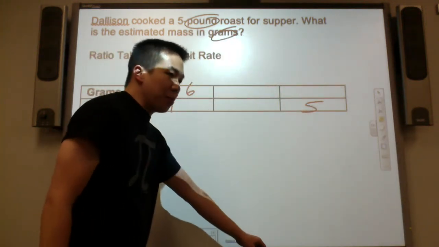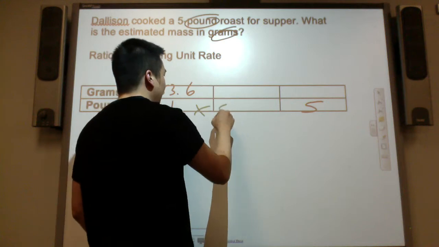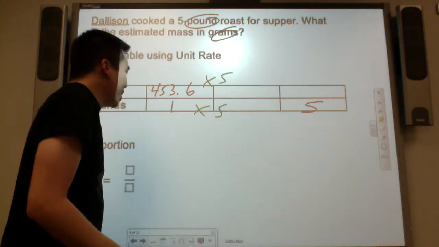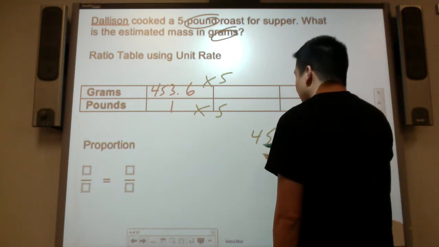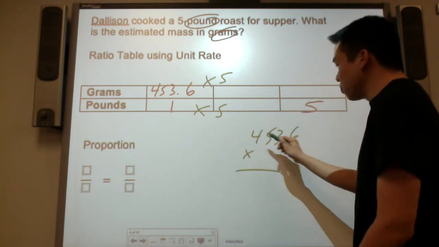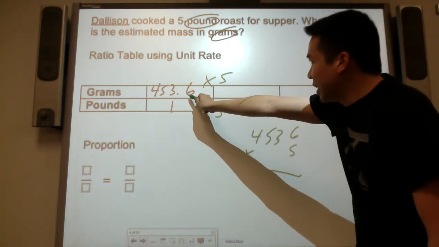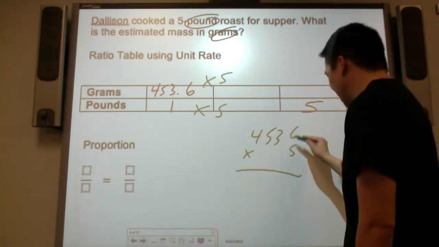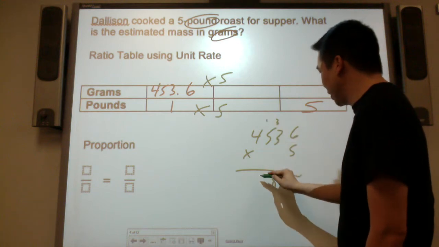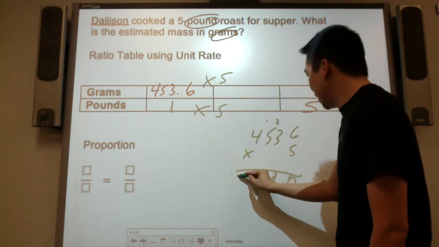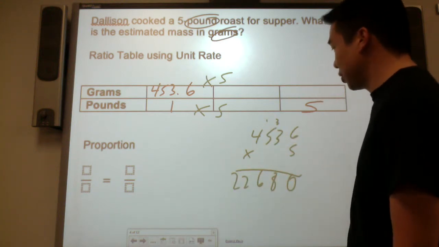So do I need to build up or break it down? I need to build up by multiplying by 5. So what is 453 and 6/10 times 5? I'm going to multiply as normal, and I'll come back and put the decimal in the tenths place. This is 30, carry the 3. This is 15 plus 3 is 18, carry the 1. That's 26, carry the 2. 22680.